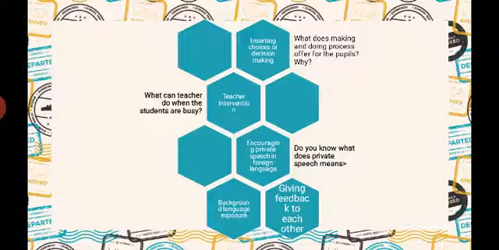The teacher can move around the classroom, give comments on the children's work, or suggest alternatives. That's what we call teacher intervention. And also the teacher can give support to the children in team-based teaching.